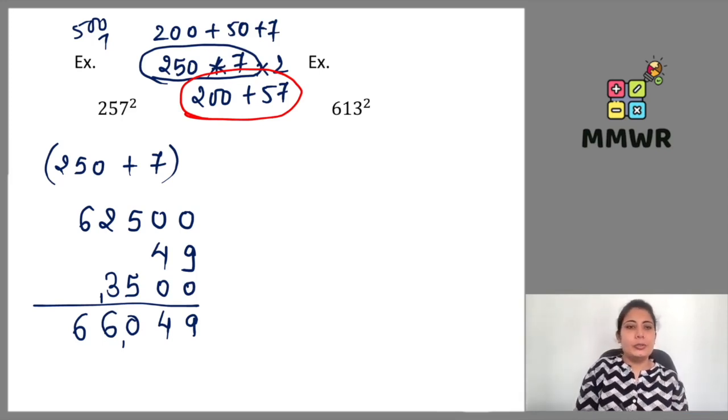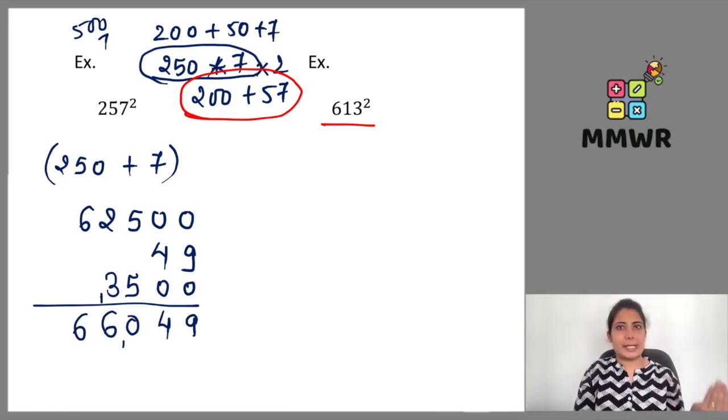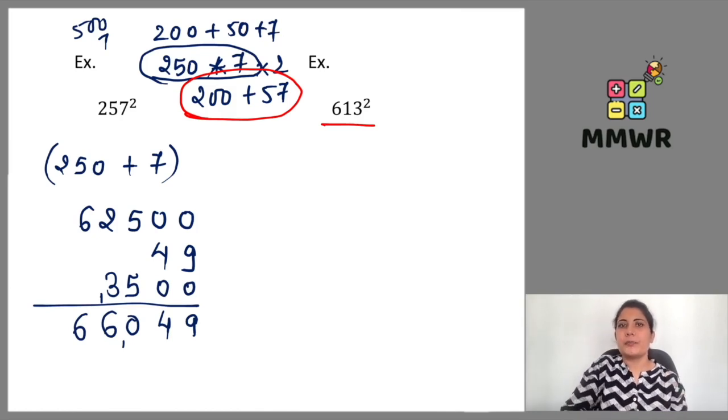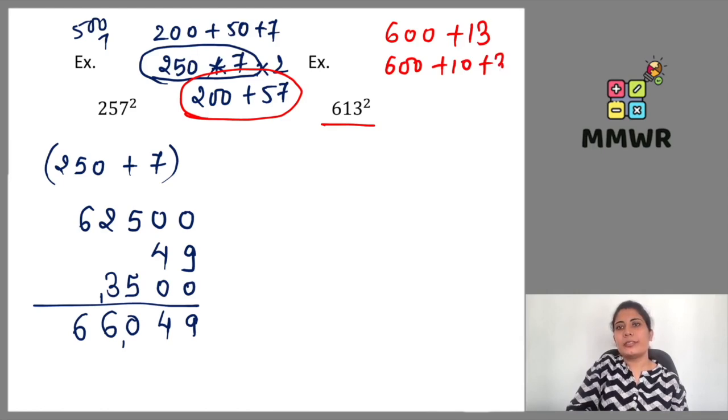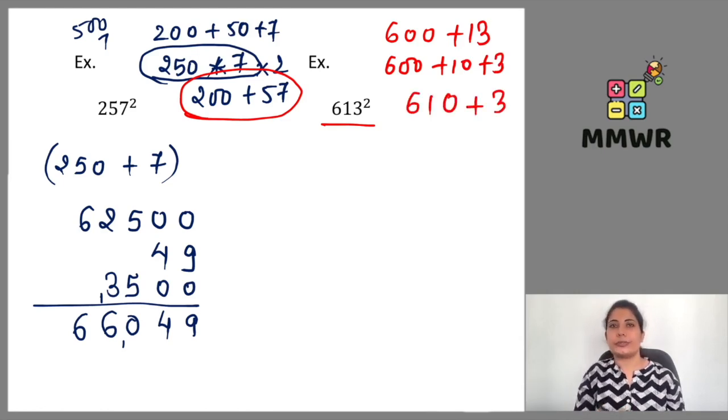Okay, now let's do it for this number 613. Again we have multiple ways. We can write it in multiple ways after breaking the number. So this can be written as 600 plus 13, right? 600 plus 10 plus 3 is also one of the ways, and 610 plus 3 is also one of the ways.